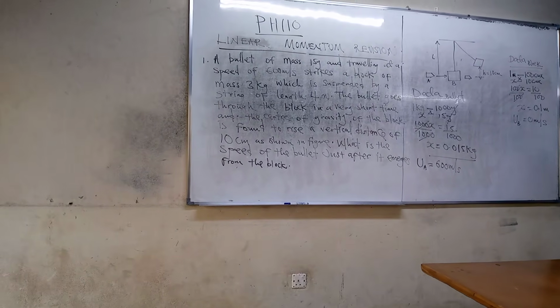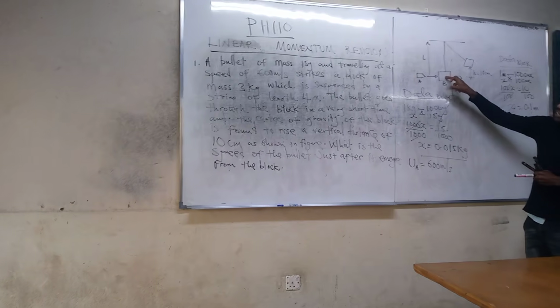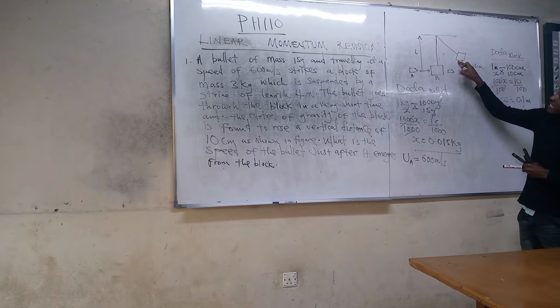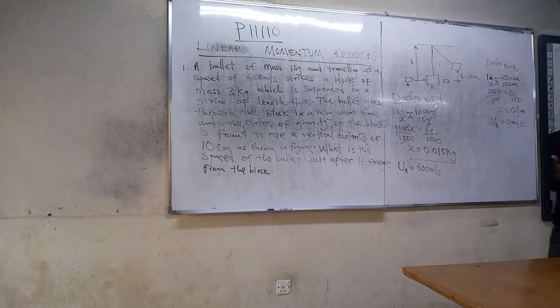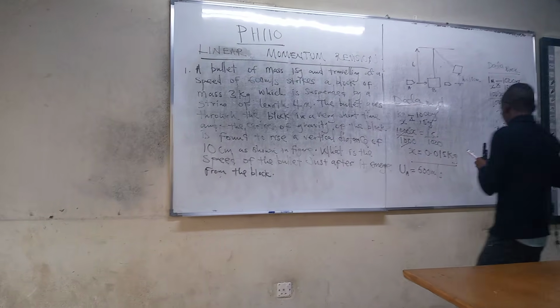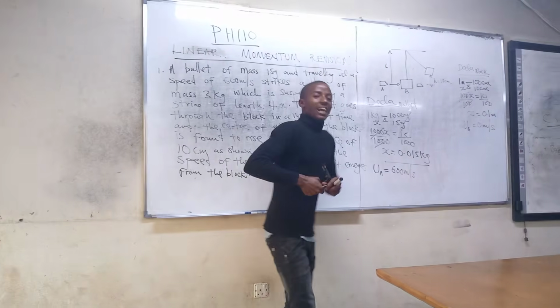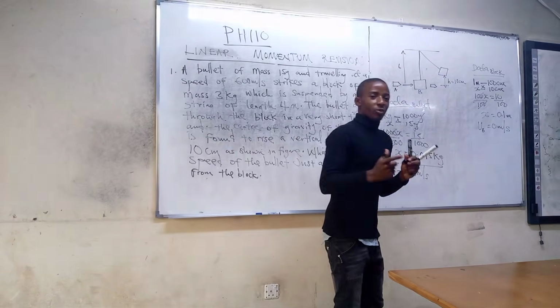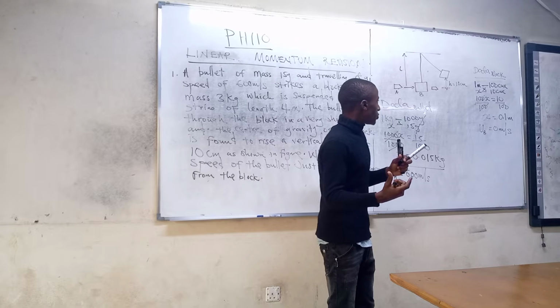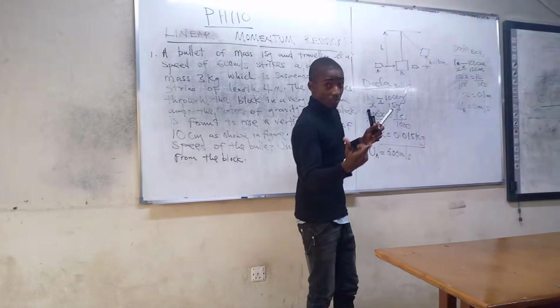Now, apart from that, since this block moved a certain distance or height, we can find its final velocity. The final velocity can be calculated by the principle of mechanical energy. But I'm going to show you the short formula that you are going to be using whenever the angle is not given.